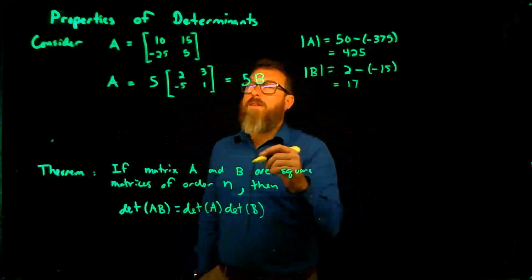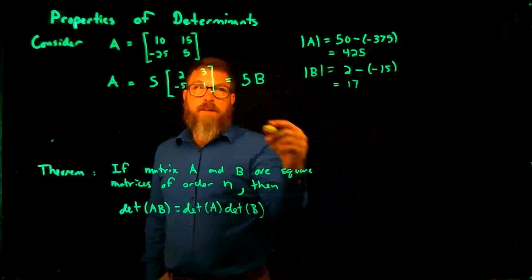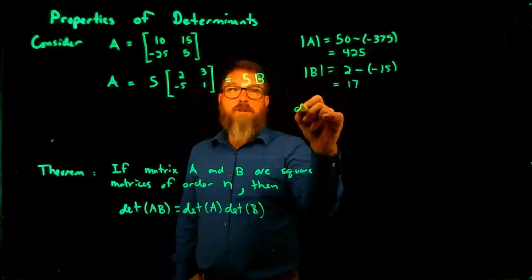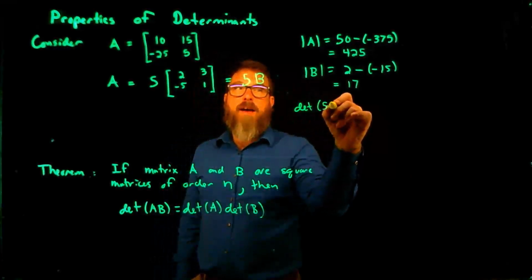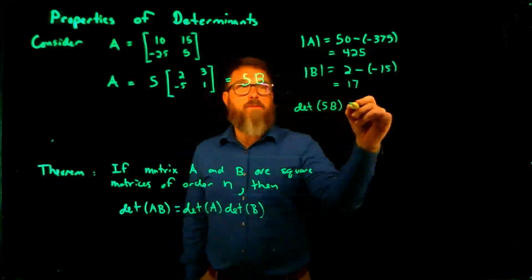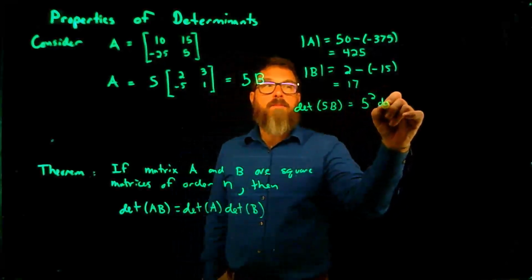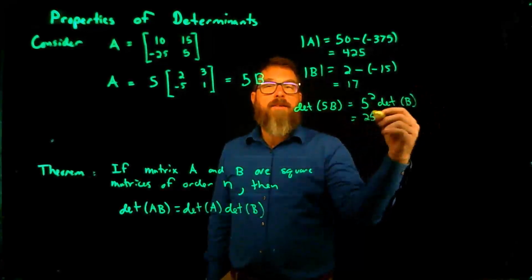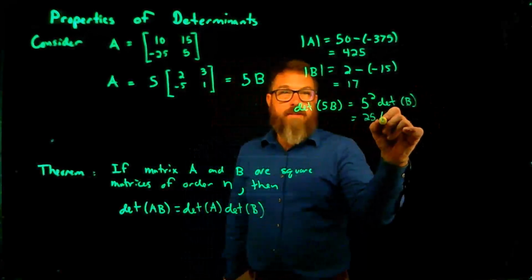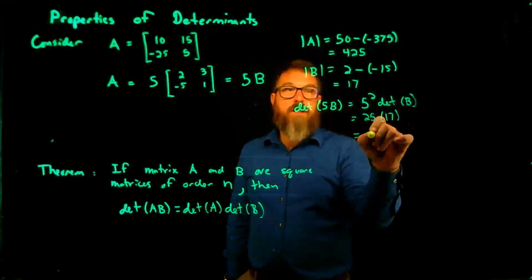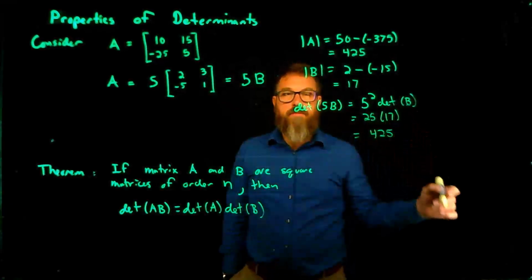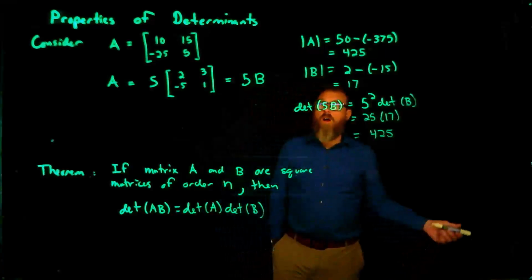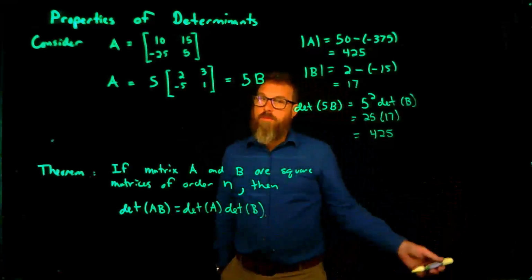So really what we'd say is the determinant of our 5B is going to be equal to 5 squared times the determinant of B, 5 squared being 25, the determinant of B being equal to 17, which in this case is going to be equal to that 425.